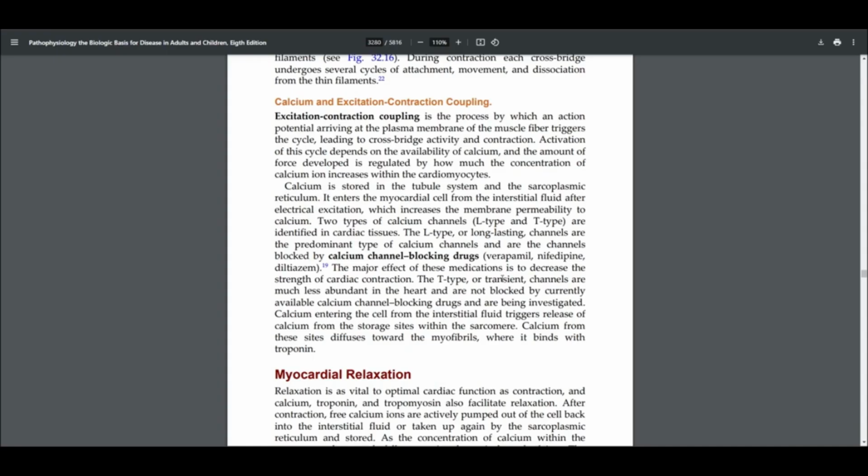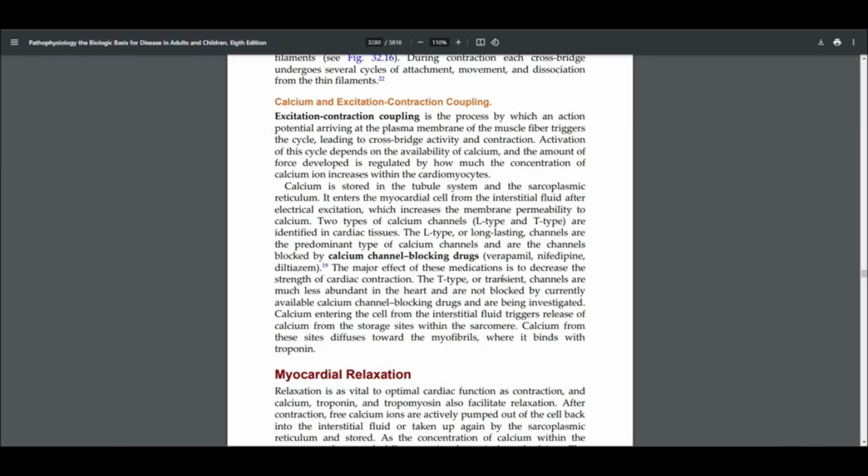Activation of the cycle depends on the availability of calcium, and the amount of force developed is regulated by how much the concentration of calcium ion increases within the cardiomyocytes. Calcium is stored in the tubule system of the sarcoplasmic reticulum. It enters the myocardial cells from the interstitial fluid after electrical excitation, which increases the membrane permeability to calcium.